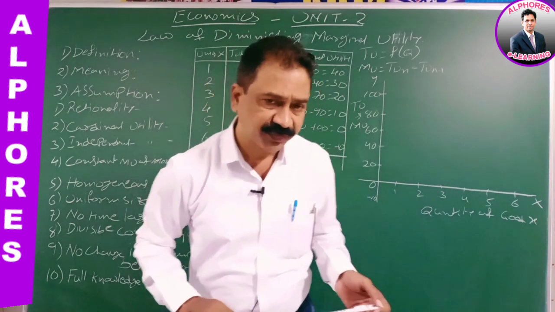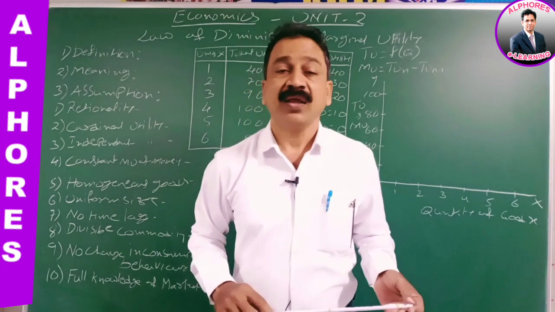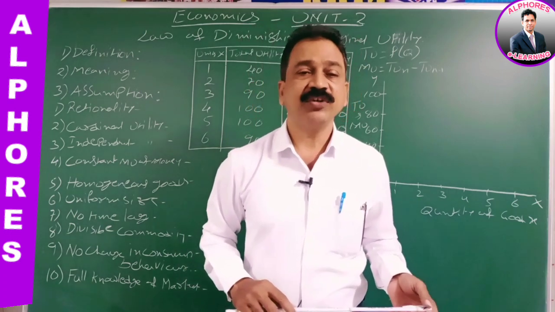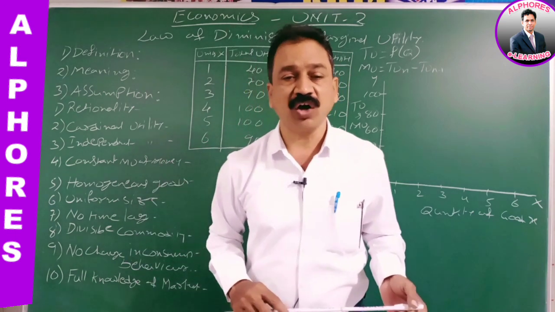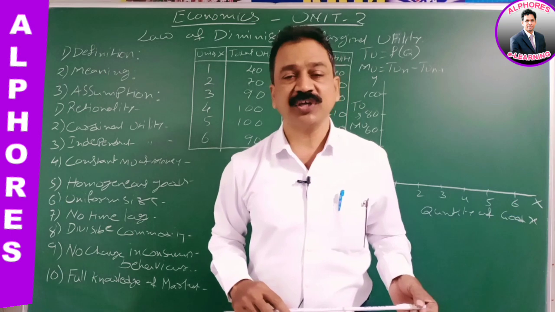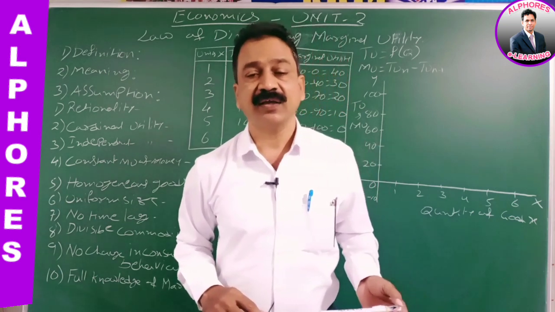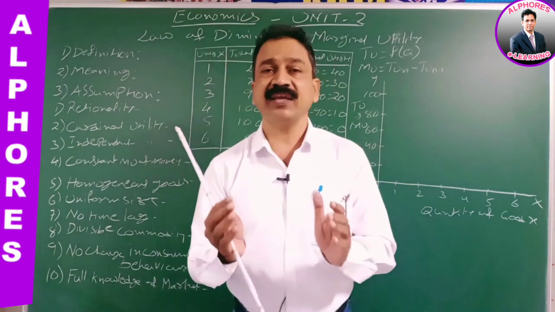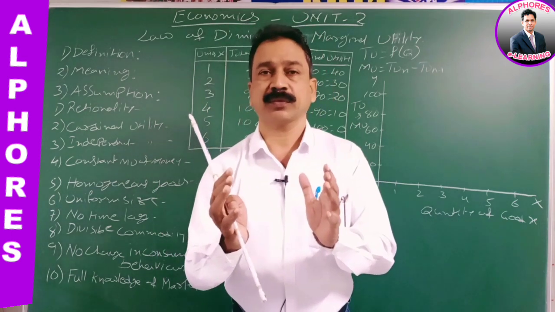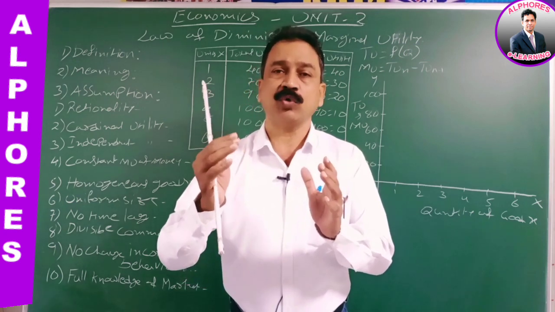And yesterday we have seen the definition in detail. The additional benefit which a person derives from a given increase of his stock of a thing diminishes with every increase in stock that he already has. Let us say the thing is mangoes.